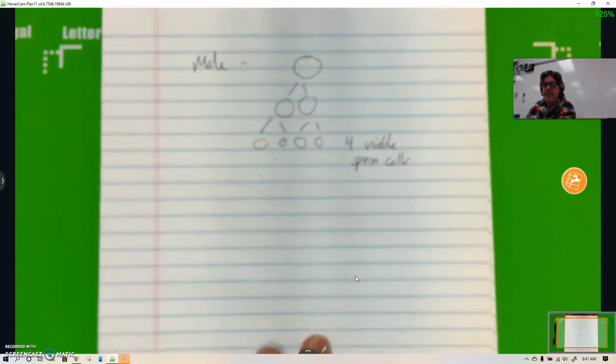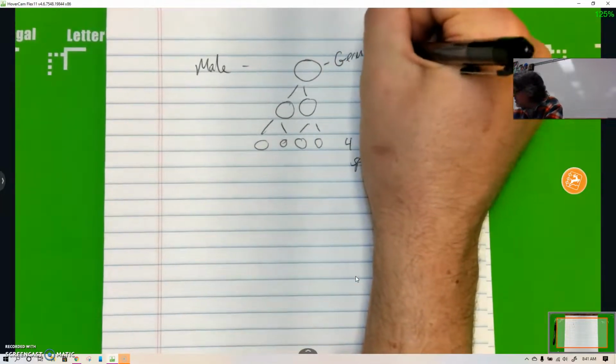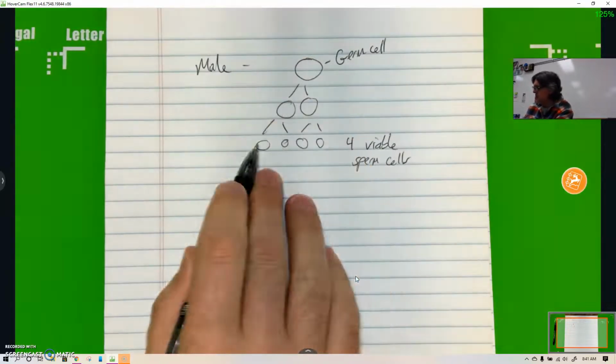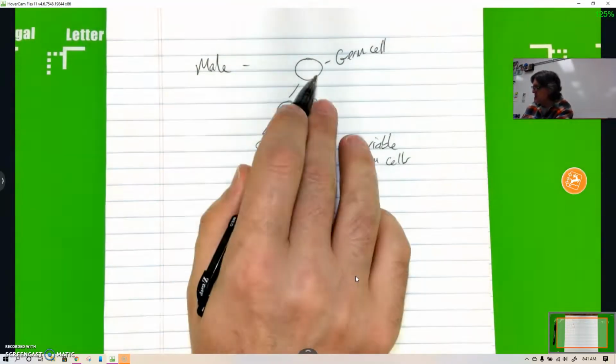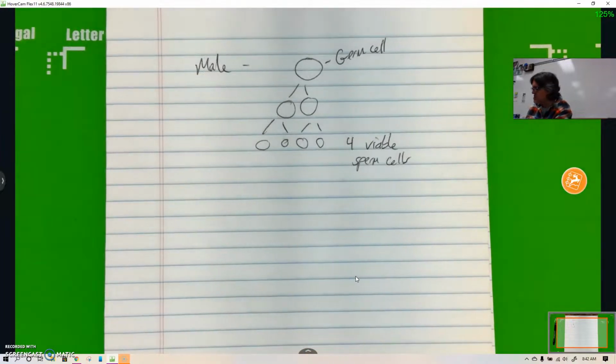Okay? This first cell, it has a name. It's called a germ cell. Okay? So it's not a sperm cell turning into 4 viable sperm cells. It's a cell in your body. It's in your reproductive area, and it's called a germ cell.